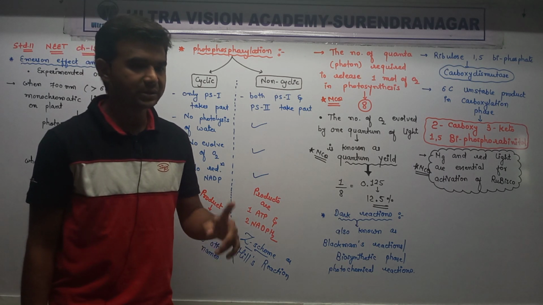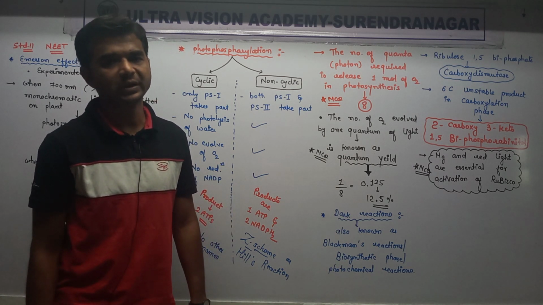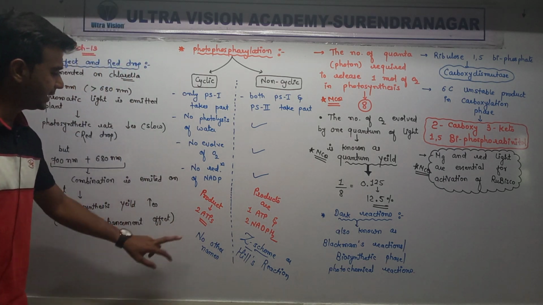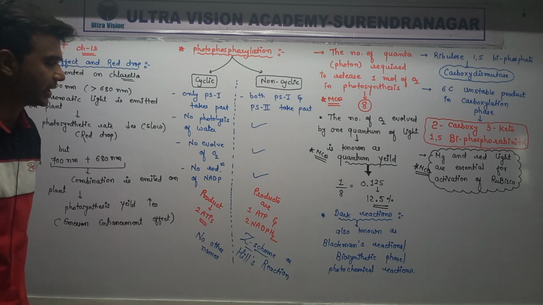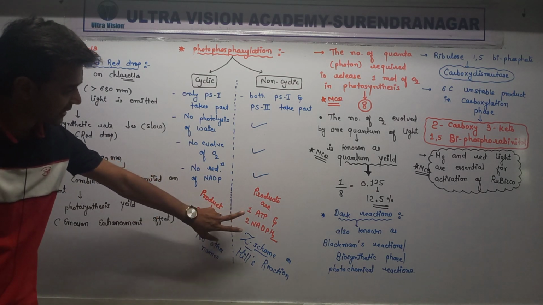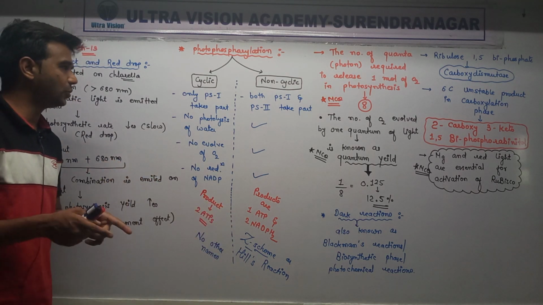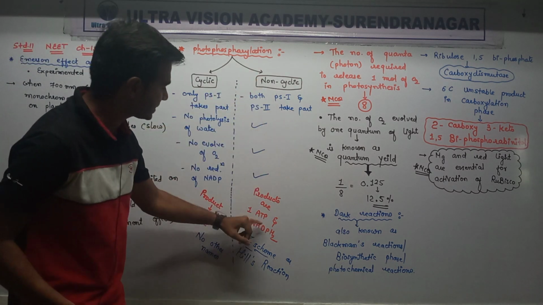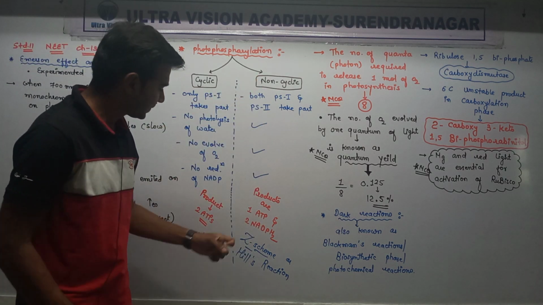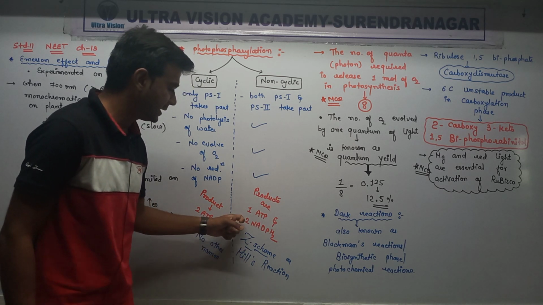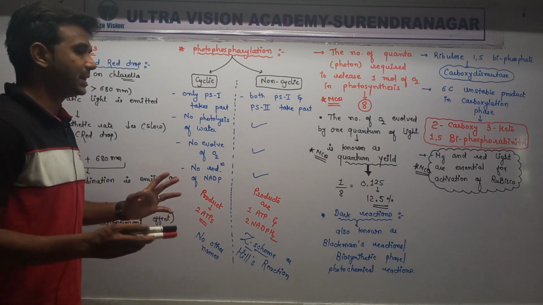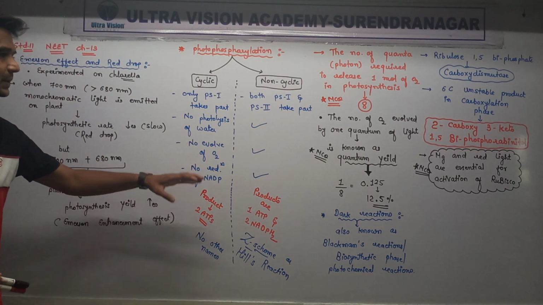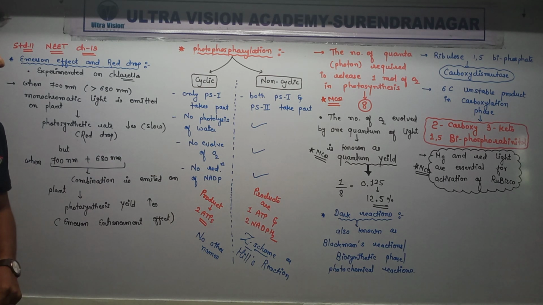In 6 times cyclic photophosphorylation we obtain the 12 ATPs, and in 6 times non-cyclic photophosphorylation we obtain the 6 ATPs and 12 NADPH2. And with the help of the 6 molecules of CO2, 6 molecules of O2 are involved here.